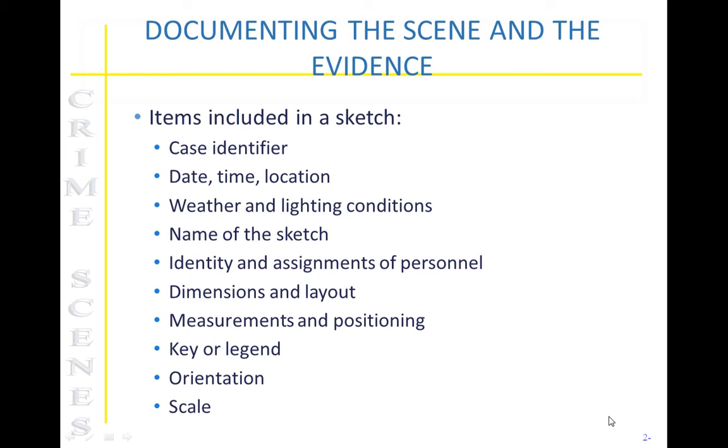If there has already been a case number that is assigned to the crime scene, you would want to have this on your documentation, the date, time, and location, any weather or lighting conditions, the name of the sketch if it's a particular room in a building, and obviously the dimensions and the layout, any measurements and positioning, if you need to include that key or legend, the orientation, and then depending on if it is a rough sketch or a computer generated sketch, the overall scale of the sketch itself.